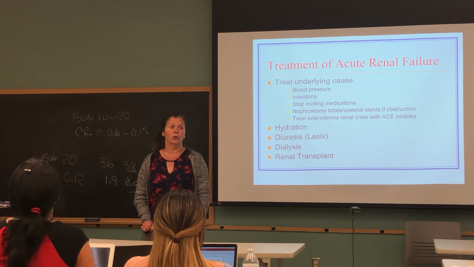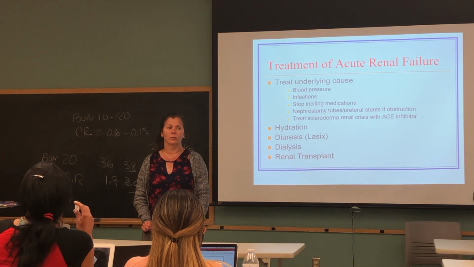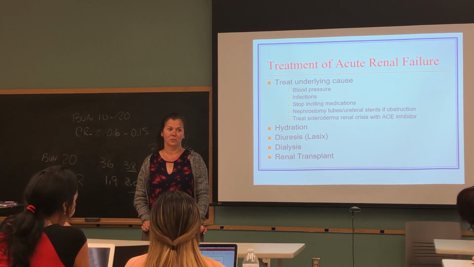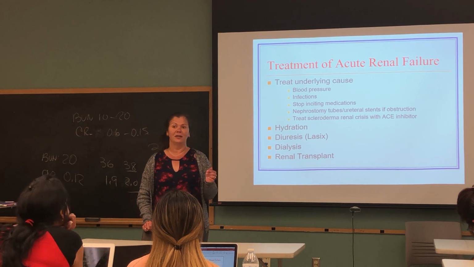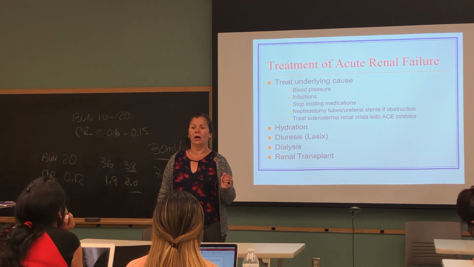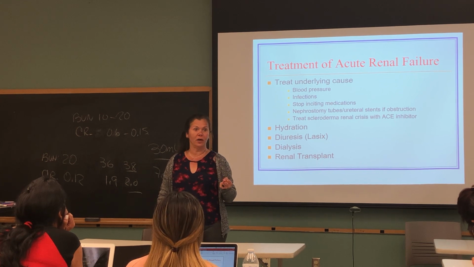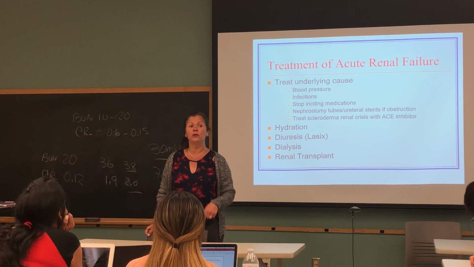Okay? Since you're talking about diuretics, when they're in renal failure, like in the chronic, isn't it better to use Bumex instead of Lasix? Yeah, Bumex or ethacrynic acid works better to recruit glomeruli, and so the patient will start urinating. If you give Lasix, you have to give a high dosage.